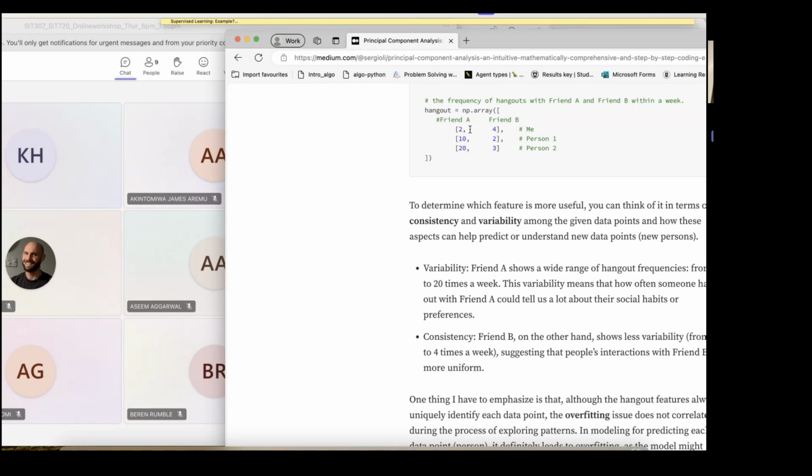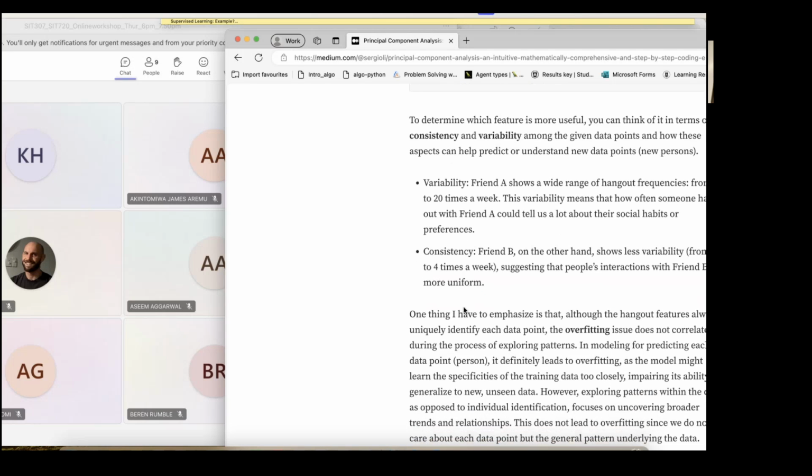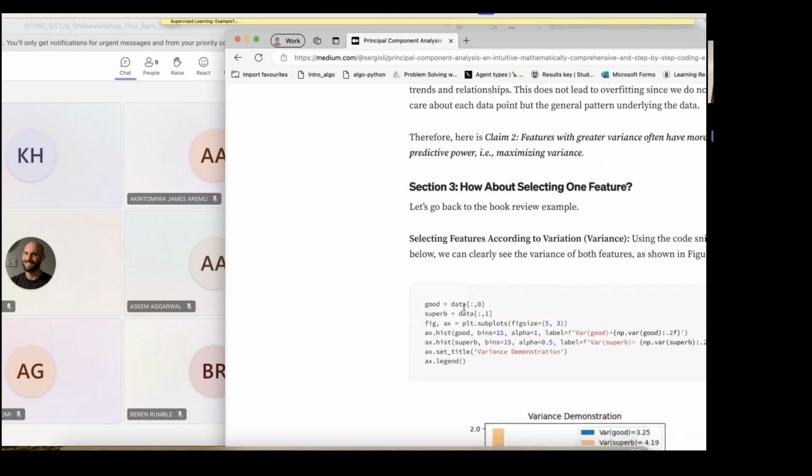So the sum of the square differences from the mean will also be very large. When you square the difference, it amplifies these differences, right? So that's why we use variance.